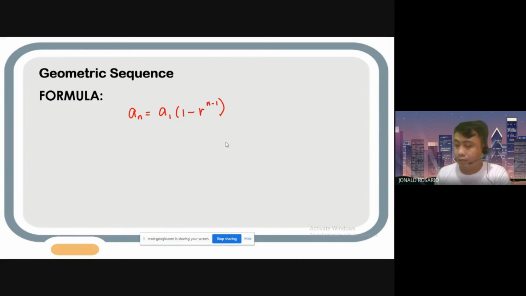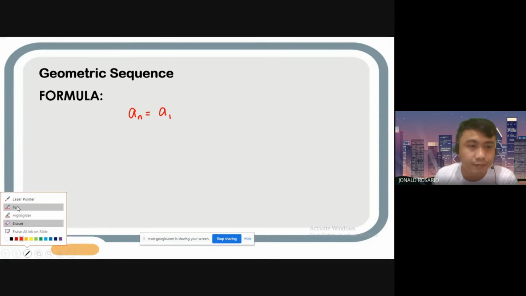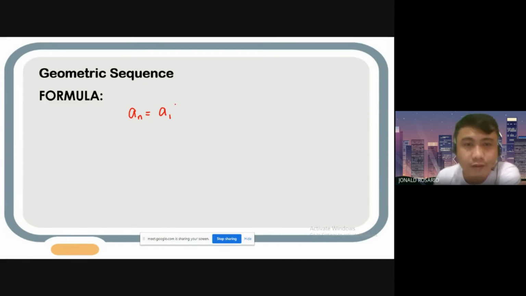Sorry, I think the formula I wrote was wrong. Yan. A sub 1, ang formula ng ating nth term ay a sub 1 times r raised to n minus 1. Again, this is the nth term of the geometric sequence.